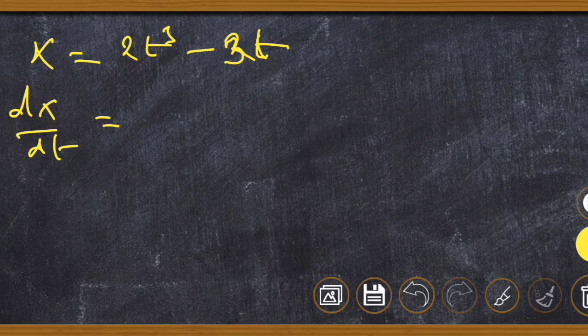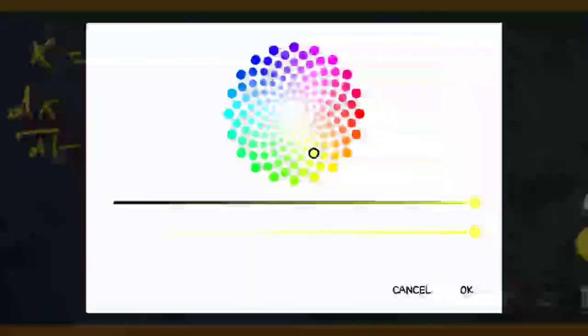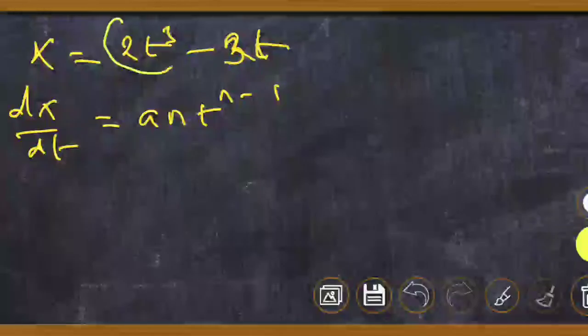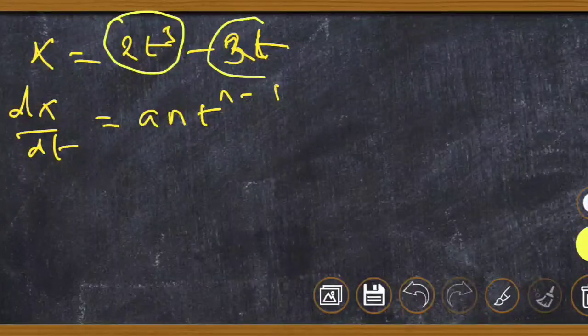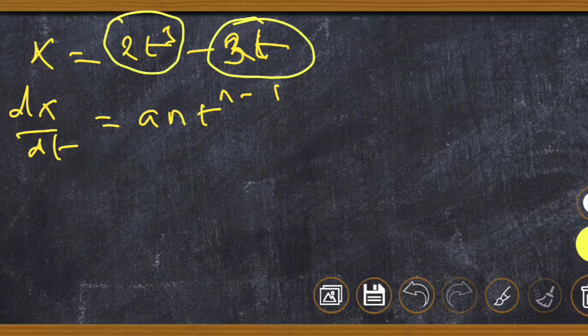If you apply our formula, don't forget that we said ds/dt is equal to a n t raised to n minus 1. Now, what is my a in this place here? We are going to differentiate them one by one. I will differentiate this separately, and this separately. Each of them is a function of time.